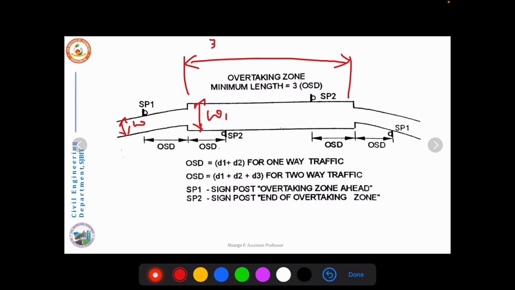The minimum length should be 3 times the OSD, and it is desirable to have up to 5 times the OSD.